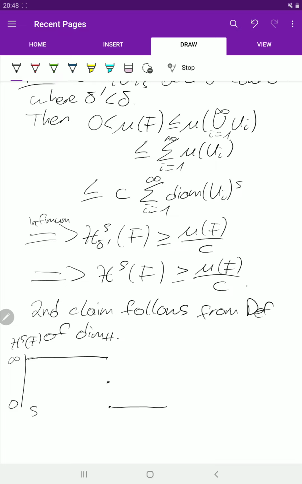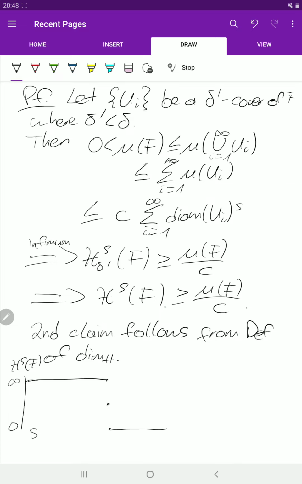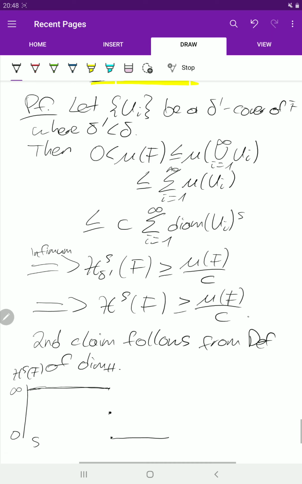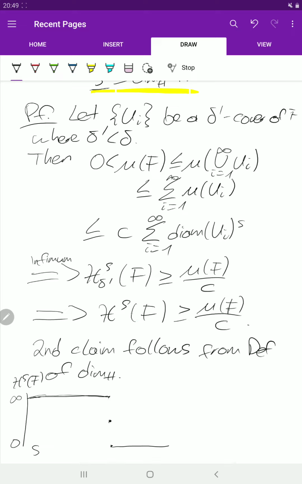And so we know that the Hausdorff measure with parameter s is non-zero, so it has to be on this part or possibly here. And this means that the Hausdorff dimension is at most this s we have here.